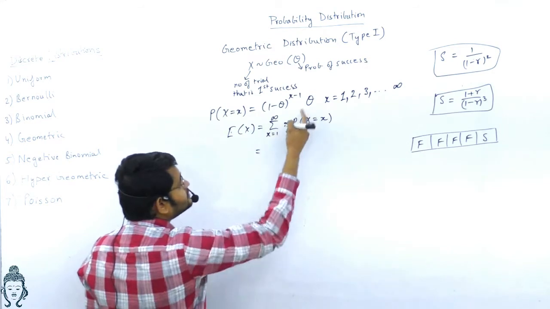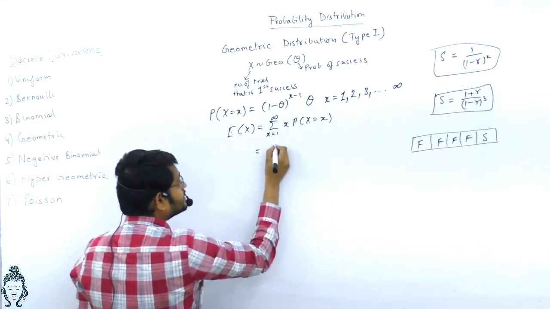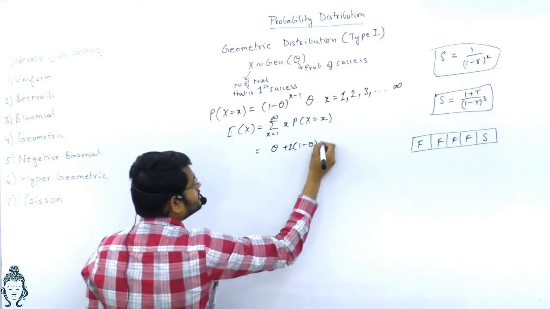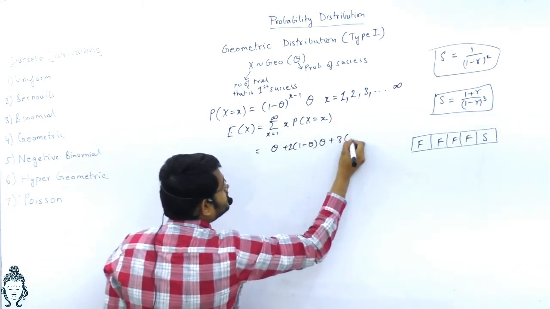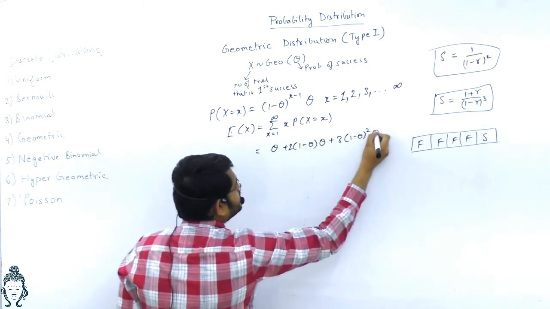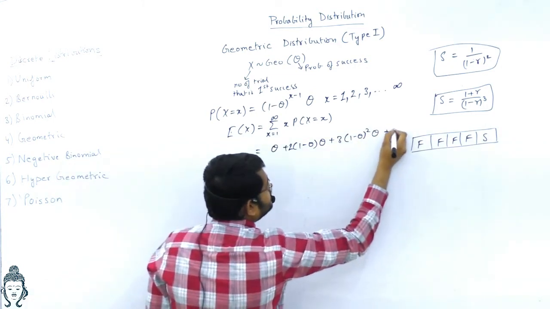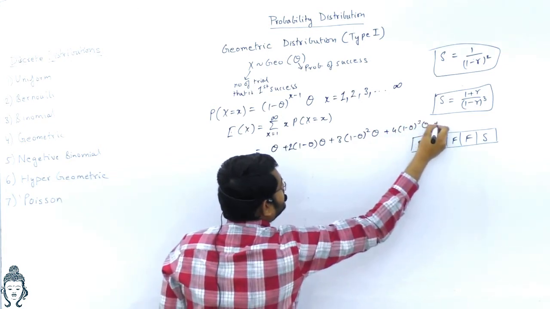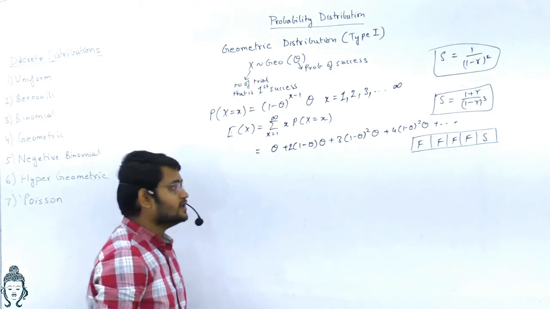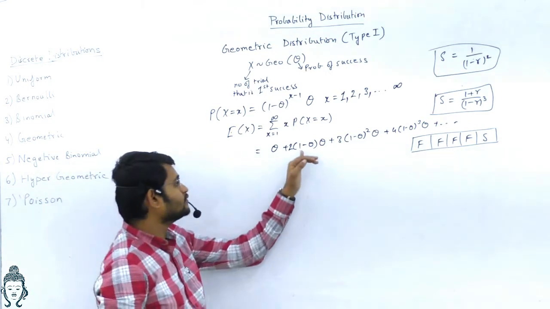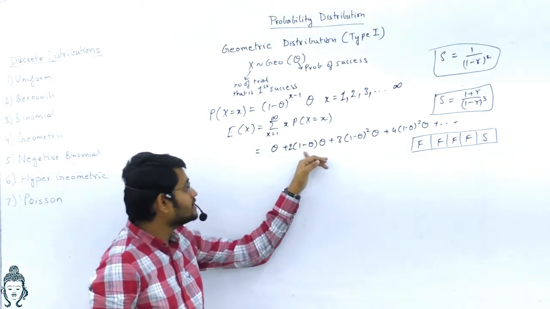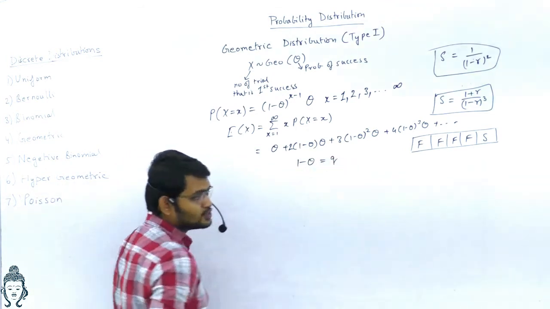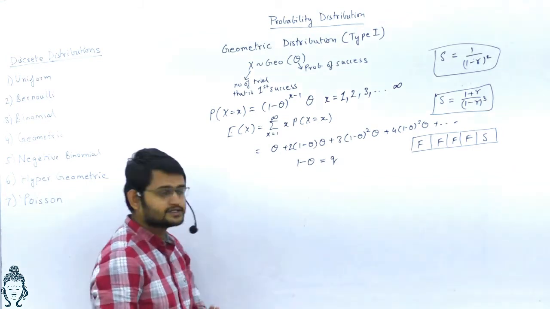So for x equal to 1, we'll just get theta, then we'll have 2 into 1 minus theta into theta, then 3 into 1 minus theta square into theta, then 4 into 1 minus theta cube into theta, and so on forever. Now, just for the sake of writing, I don't want to write 1 minus theta again and again. So I can substitute my 1 minus theta with a value q, just for the writing sake.